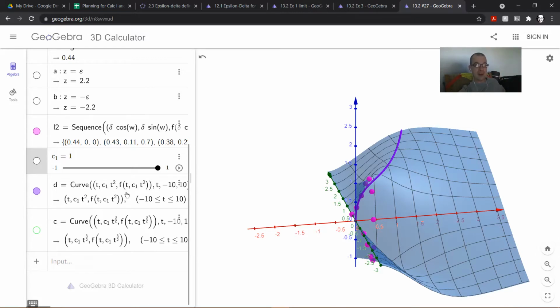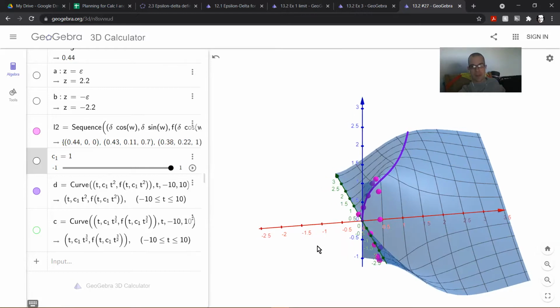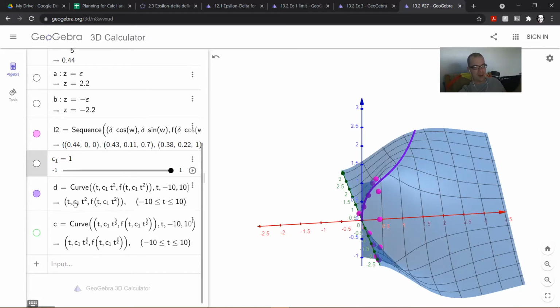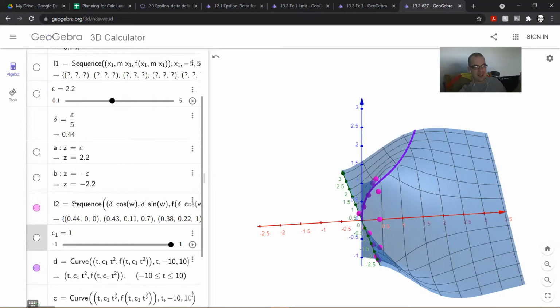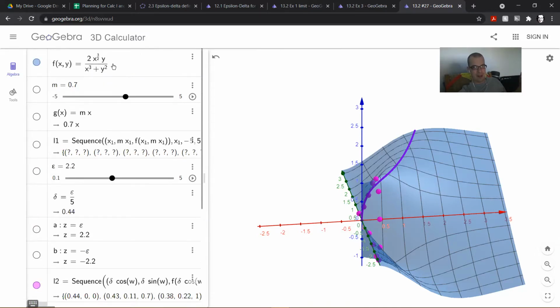And then the z value is just the function evaluated at that point, f of t, c1 t squared. So I'm making space curves with the correct x, y, and z values that coordinate a parabola in the xy plane to the function's output according to those x and y inputs.